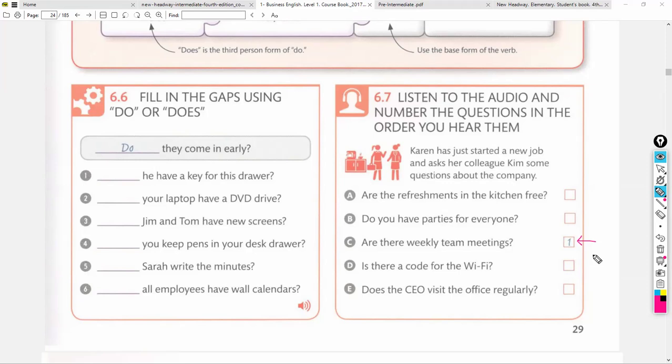No, everything is free here, but you do have to pay in the canteen. And there are lots of cakes here today because it's Mrs. Murray's birthday. Oh. Do you have parties for everyone's birthdays? No, only the heads of department and the CEO bring in cakes like this for their birthdays.